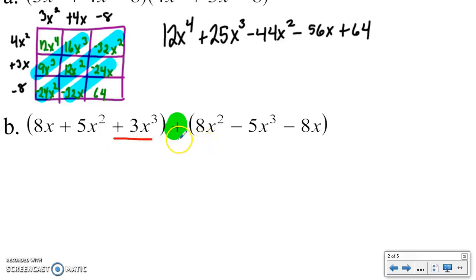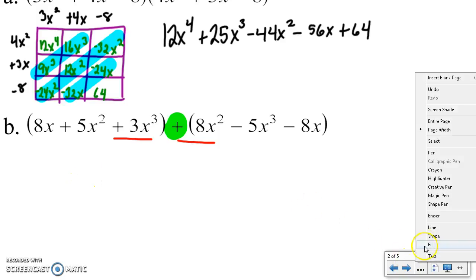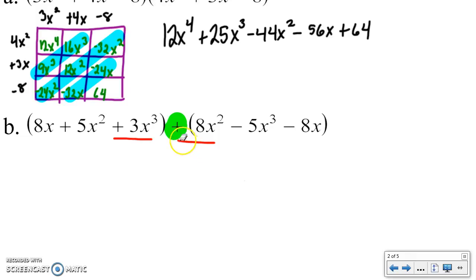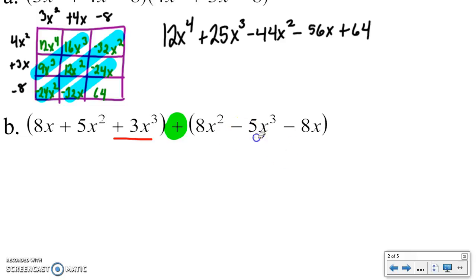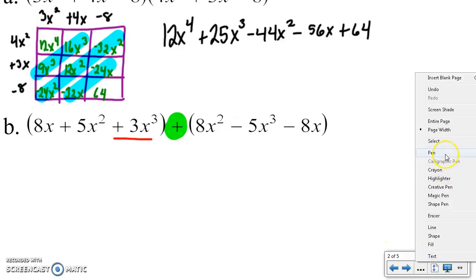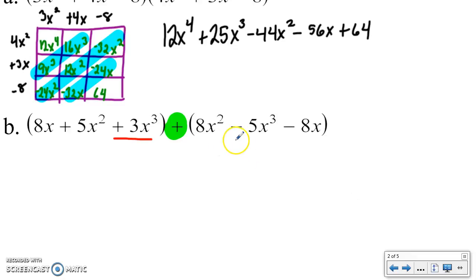I have 3x to the 3rd and negative 5x to the 3rd. 3 plus negative 5 is negative 2.